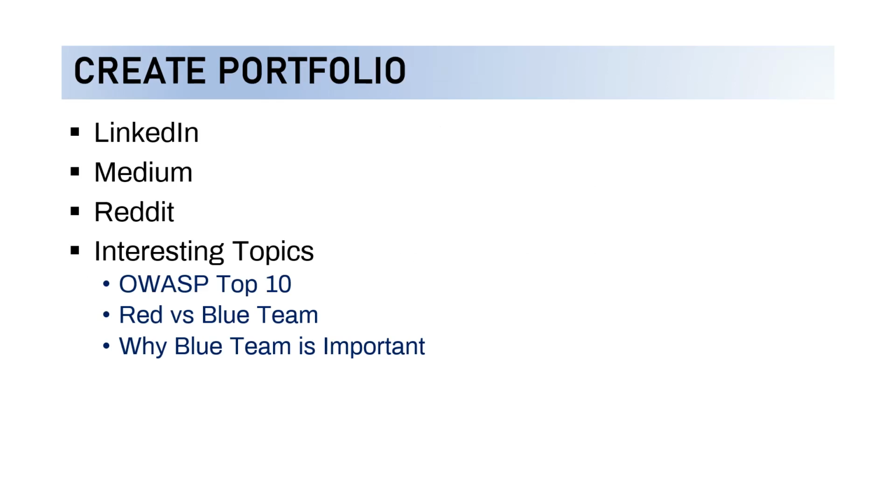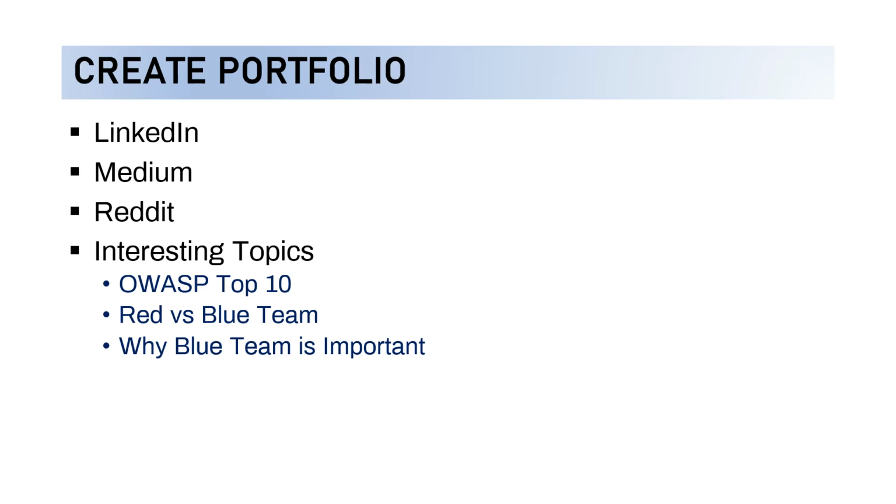So these are what you need to learn to build your fundamentals. Next, once you have learned those certifications and the fundamentals of cybersecurity, you also need to create a portfolio, perhaps by having a LinkedIn profile, or writing on Medium, Reddit, or any other platforms.